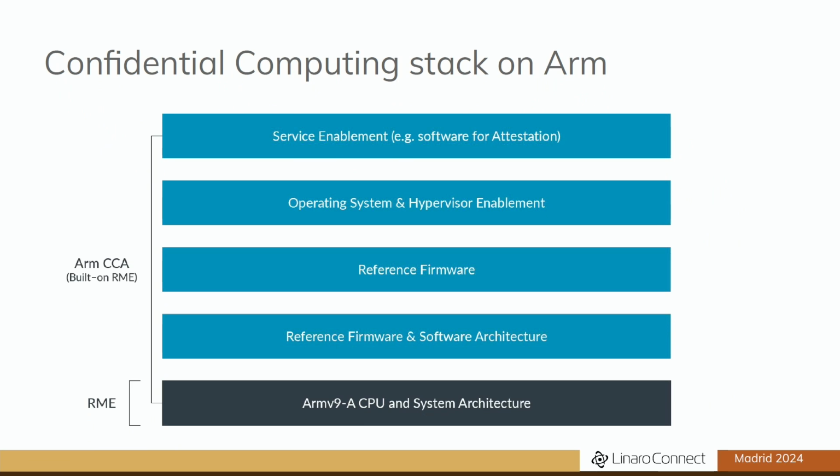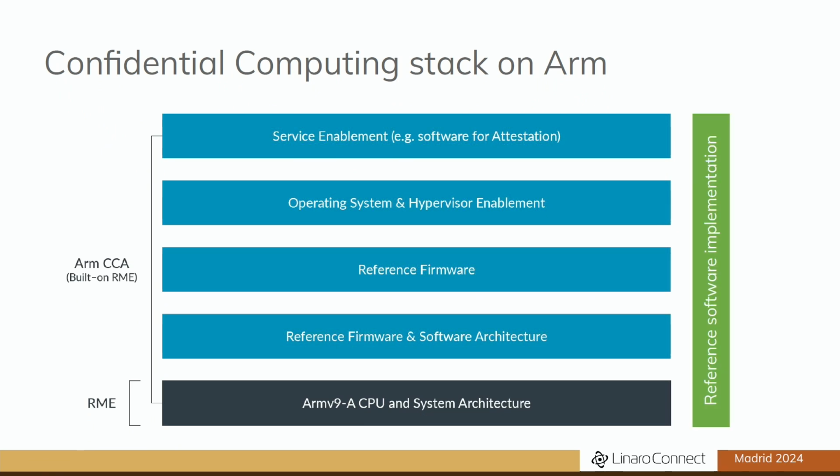And what we are doing at Linaro together with our members is we are trying to implement some kind of reference implementation, not in the sense that this will be the default standard adopted by everyone, but just that we can provide to the community a set of software that covers all the software stack here, and that can help you to implement and deploy confidential computing in your environment.